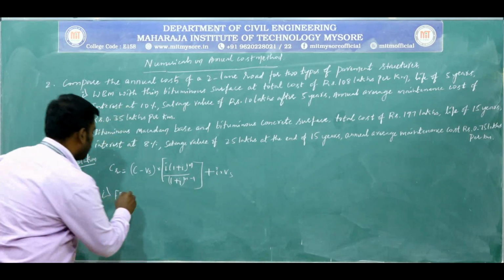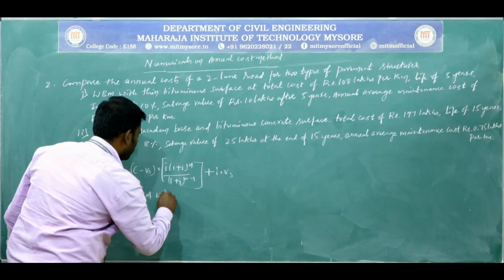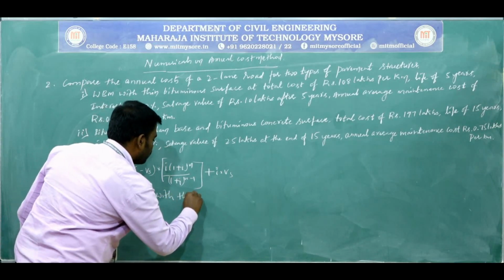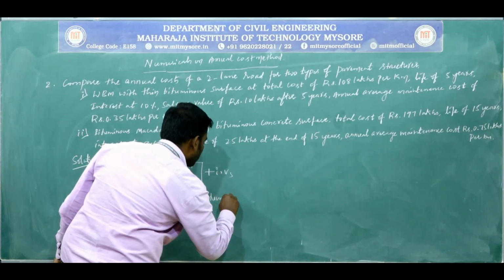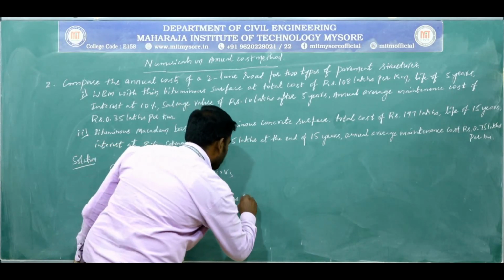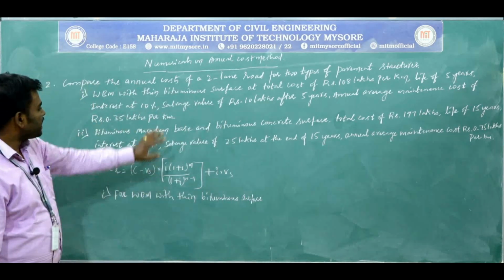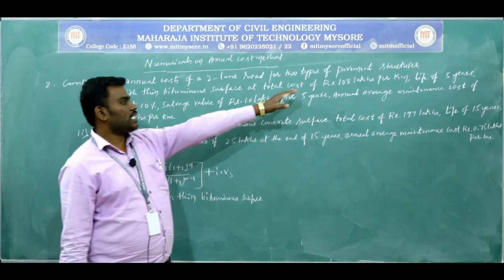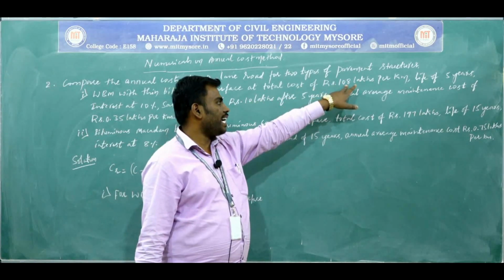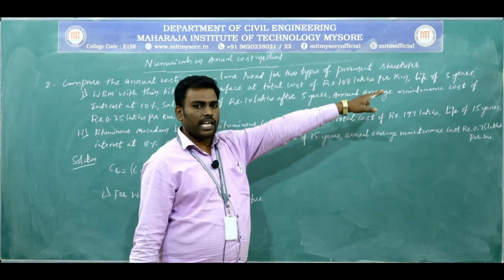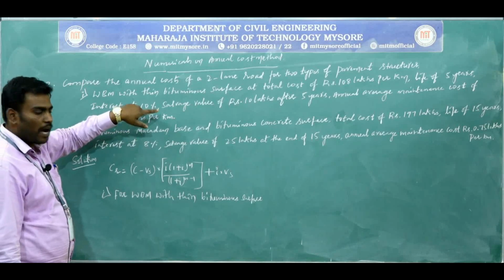Okay, first one, WBM with thin bituminous surface. For the first case you may observe here, what is the C value they have given? C is rupees 108 lakhs, N is 5 years, and the rate of interest is 10%, that is 0.1.